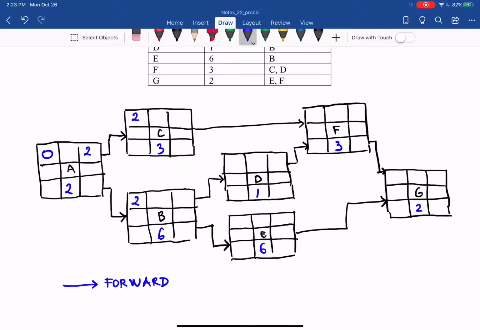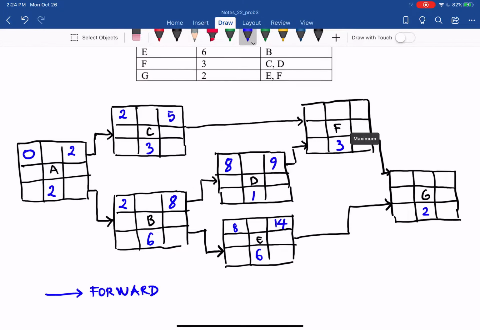Just as in AOA, we use addition and maximum. 2 plus 3 equals 5. 2 plus 6 equals 8. Then we have 8 there. For D, 8 plus 1 equals 9. For E, 8 plus 6 equals 14.